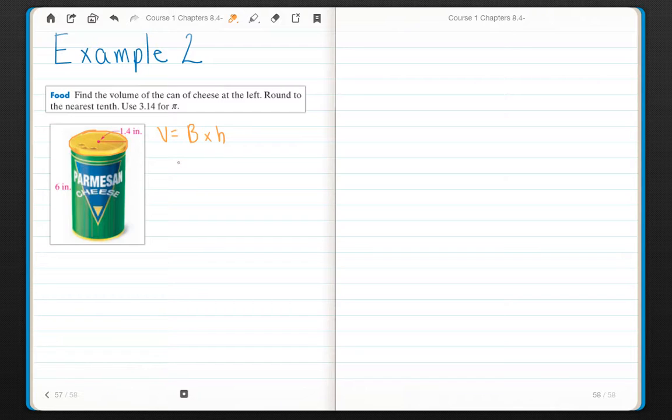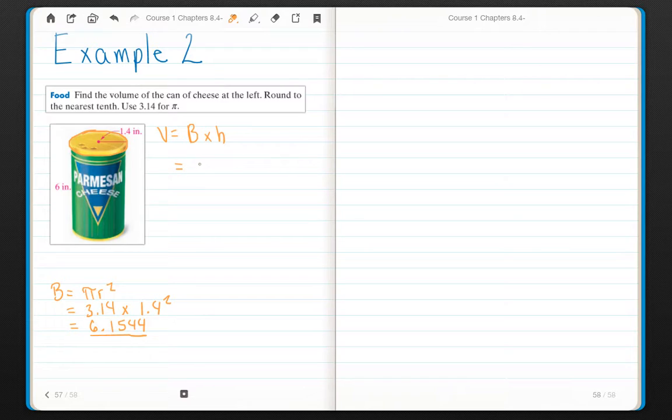Area of a circle, we'll come down here. The base equals pi times r squared equals 3.14 times 1.4 squared equals 6.1544. Now I'm going to leave this because this is not the end of my problem. I'm going to leave this with all four of those places behind the decimal.